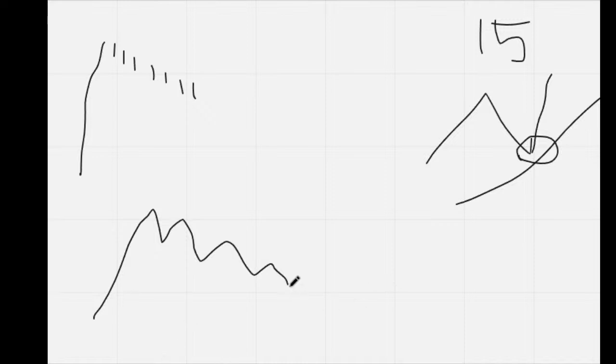You have to let it go, meaning let it go without you being in it, and look to do the next entry. Hopefully the next entry will be a higher low or a base breakout, whatever it is. But you can't do the first entry.